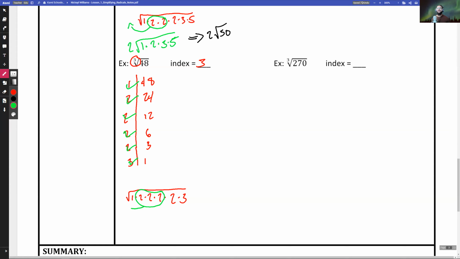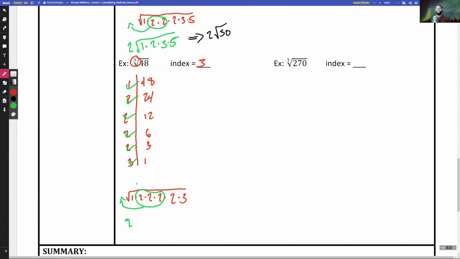They're going to come out. And what we end up with next is this two on the outside. We don't write two three different times since we were looking for a group of three to come out. They come out as one group and they stay on the outside. And then we keep the rest of those numbers under the radical.